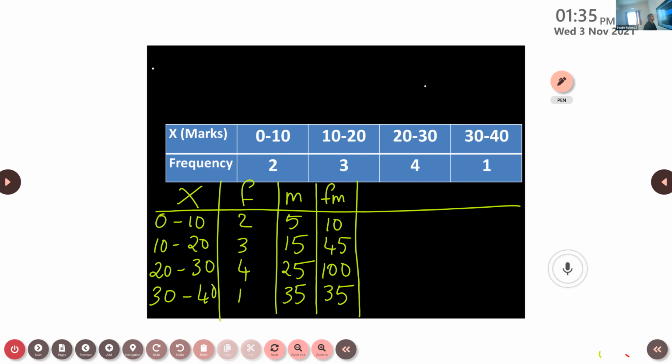Then apply that in the formula to find X bar. What is the formula once more? Who can say? Sigma FM divided by sigma F. So apply this in the formula and find out what is X bar.